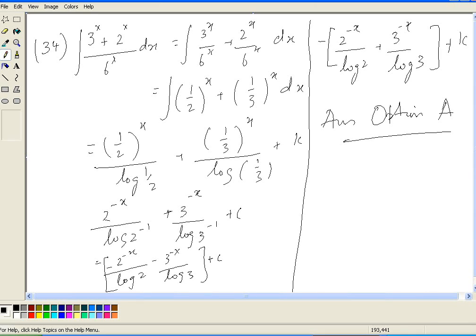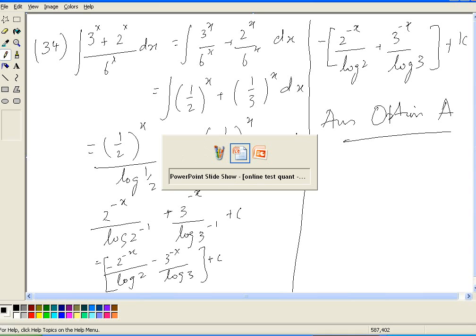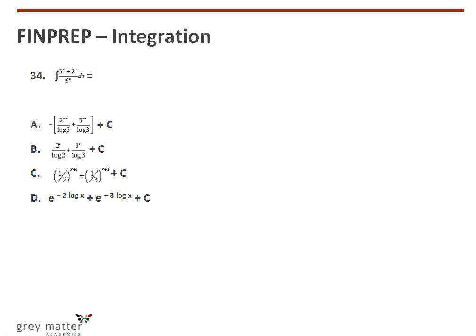And using the properties of indices and logarithm, on simplification you would get the answer as minus 2 power minus x by log 2 plus 3 power minus x by log 3 plus constant k. So answer is option A. Going back to our PowerPoint presentation, it is option A, which says minus of 2 power minus x by log 2 plus 3 power minus x by log 3 plus c.